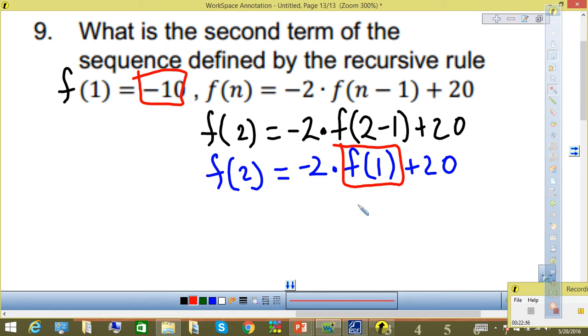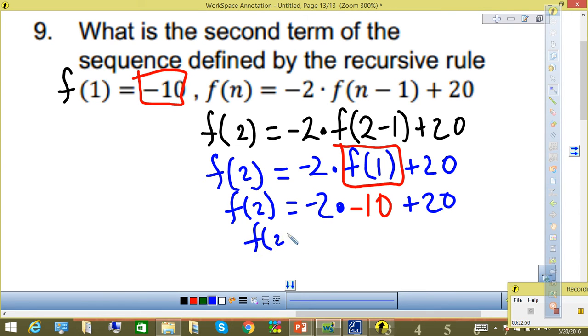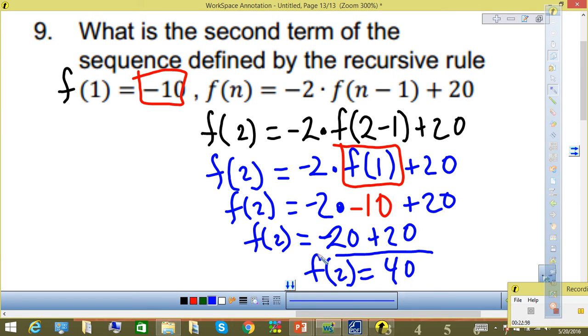It's negative 10. So that goes here, negative 10. Bring everything else down. F of 2 equals negative 2 times negative 10 plus 20. F of 2 equals positive 20 plus 20. So f of 2 equals 40. We got that? Okay.